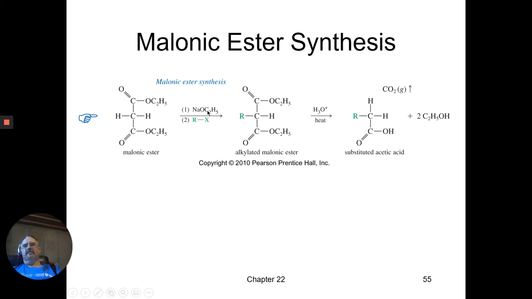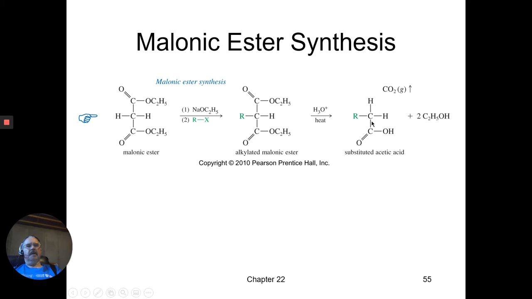And so using sodium ethoxide, we want to use the same alkoxide group as on the ester. Otherwise, we'll get scrambling. Okay, so this removes an alpha hydrogen, and then we can alkylate that to form an alkylated malonic ester.